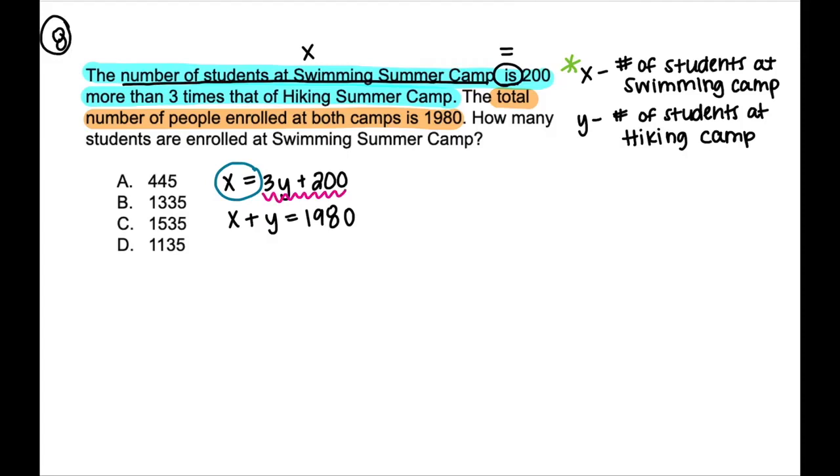That variable is isolated. So anywhere we see an x, we can put 3y plus 200 in its place. All right, so I'm going to put my parentheses, plug in 3y plus 200. That's my substitution part, and finish writing out that second equation.